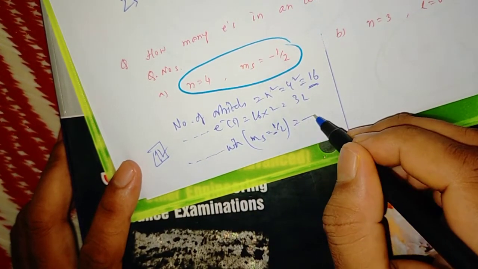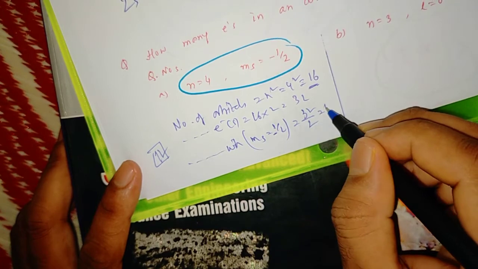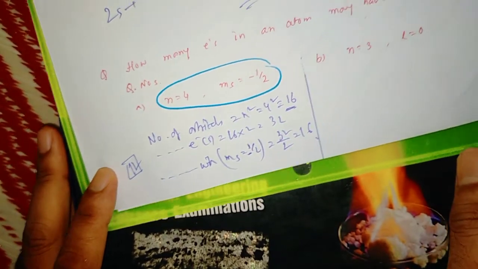Out of 32, 16 are +1/2 and 16 are -1/2, so that will be 16.